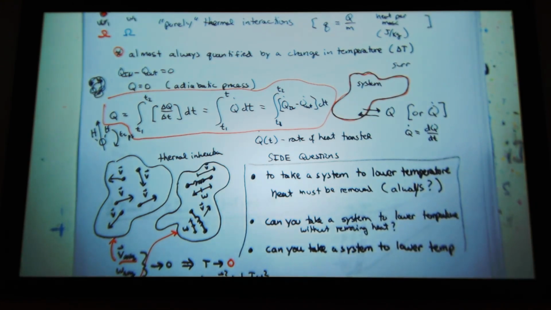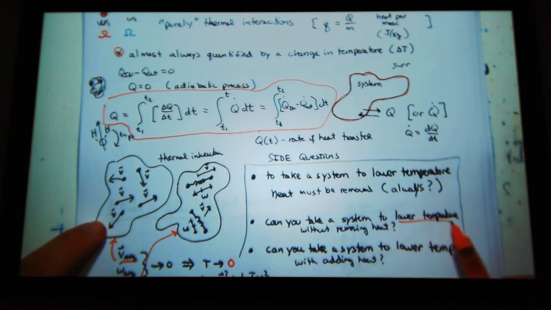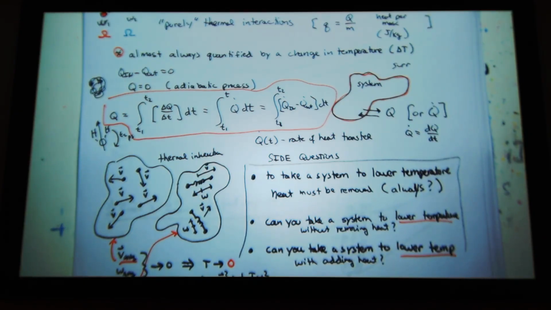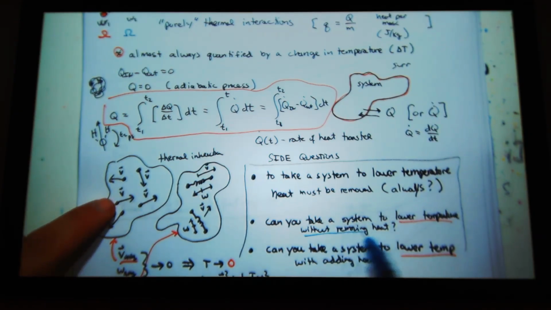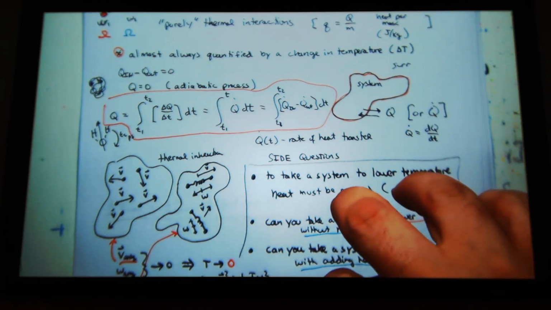That's another question. Can I take a system and decrease its temperature while not removing heat? And then the third question that's coupled to it, can I take a system to lower temperature while adding heat? So I would suggest you think about it.